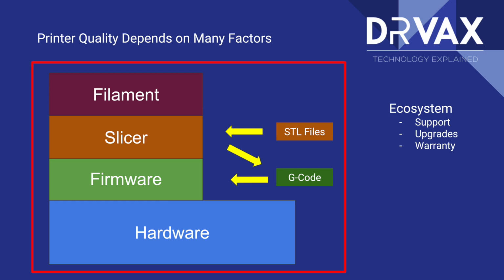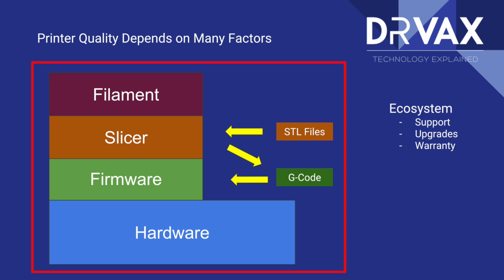And so there are many ways you can work on print bed adhesion. There's a good video on the channel just about it. Bottom line, don't select your printer based on the print bed because you can change it. Now, the software inside your printer that makes it work is called the firmware.